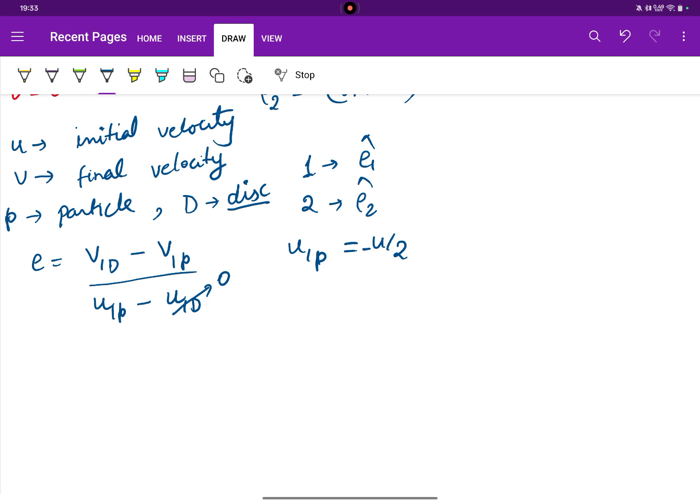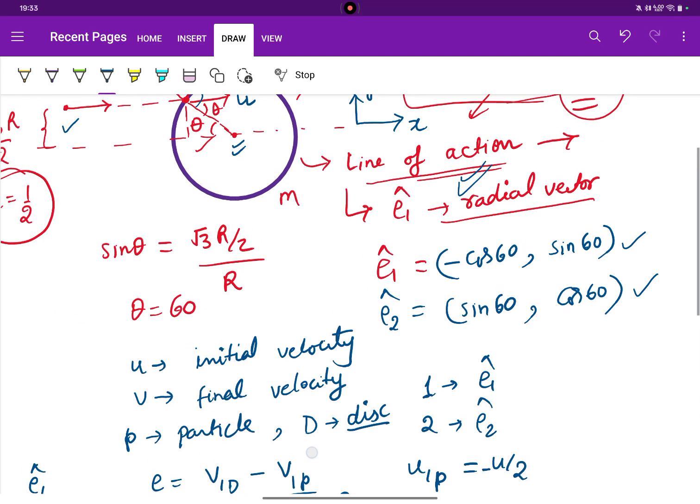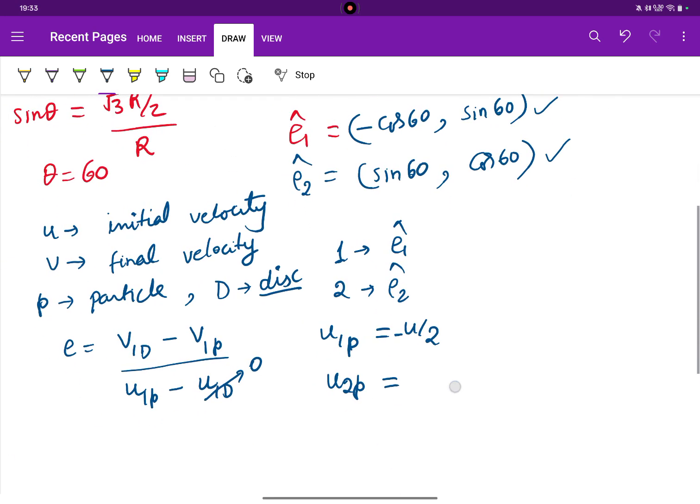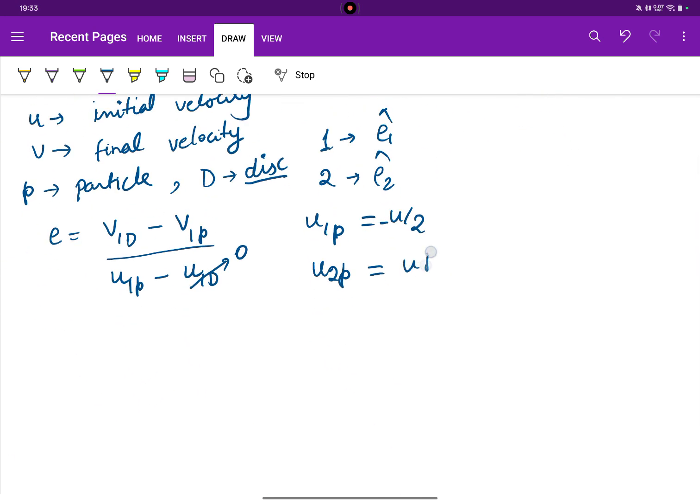And what about u2p, that is, the velocity of this particle in the e2 direction? u cos theta is in the e1 direction, and u sin theta, that is u root 3 by 2, is positive.